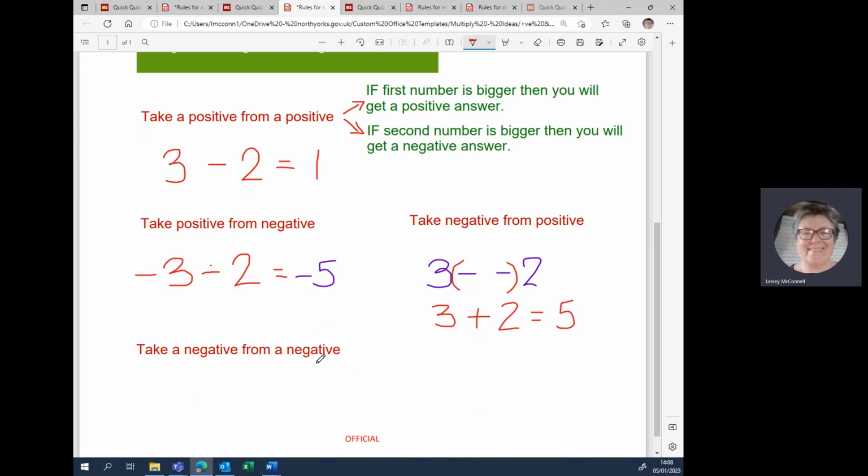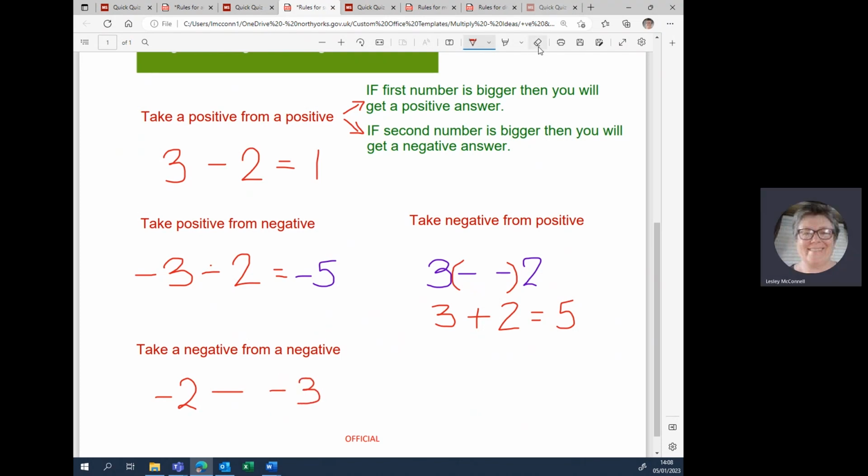Taking a negative from a negative, let's take minus 2 minus 3. And this 3 is going to be a minus 3, sorry. Let's make sure we get this right. So take away a negative 3.